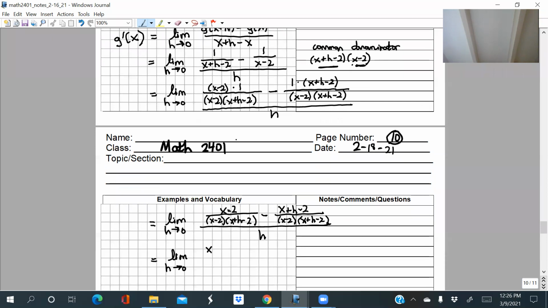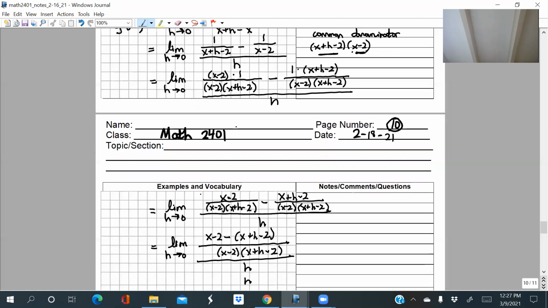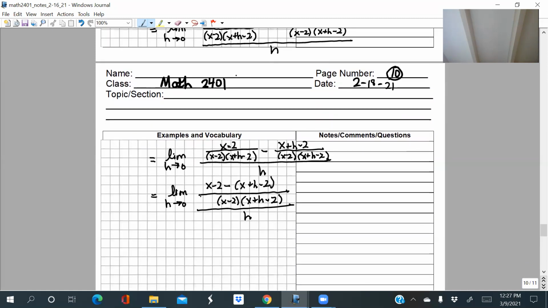I get x minus 2 minus, because I'm subtracting all of this, so that's x plus h minus 2. Put it in parentheses because you're subtracting all of it. Now you can keep your common denominator, which is x minus 2 times x plus h minus 2. And don't forget, hanging along through all this process is this h down here. We're going to get rid of that in a minute, but not yet.